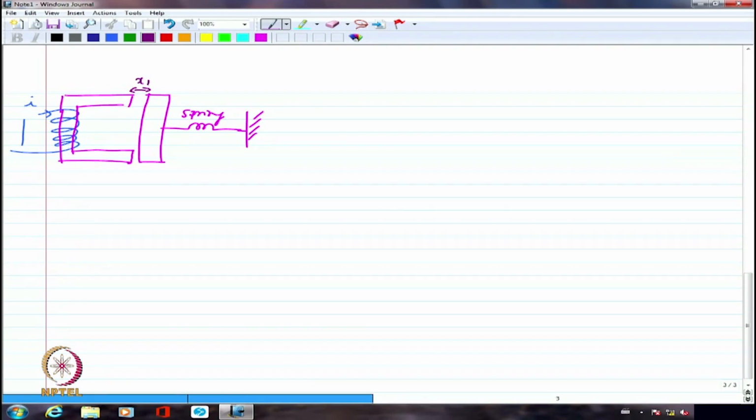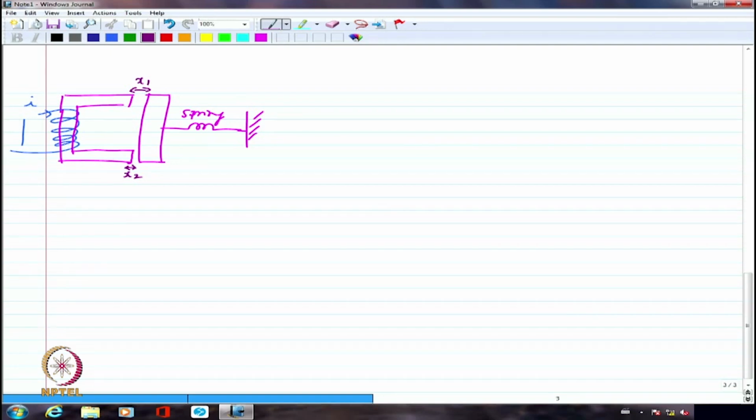And let us say I am passing sufficiently large current through this, because of which the magnetic field created is strong enough to pull that moving part towards itself. Because of which the distance has reduced from the original value of x1 to a smaller value x2. So, the air gap has decreased from x1 to x2.